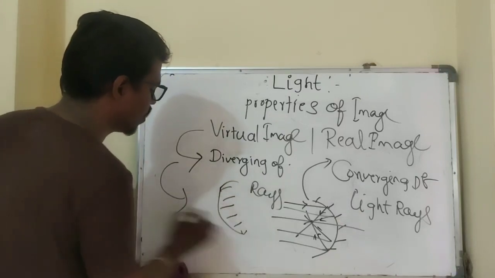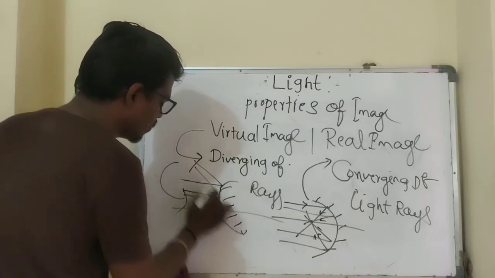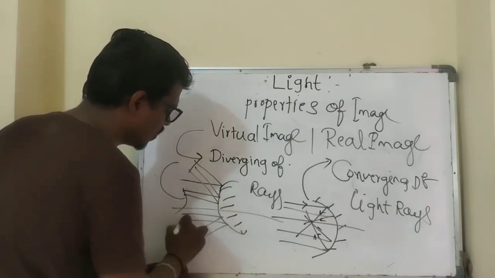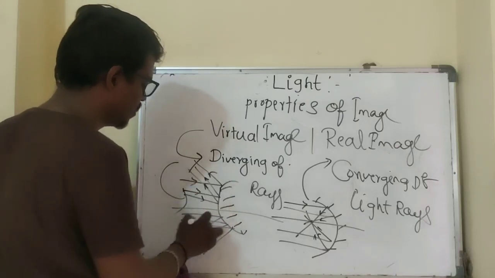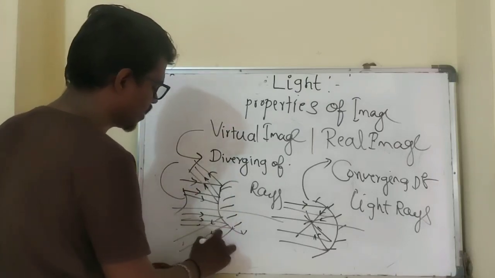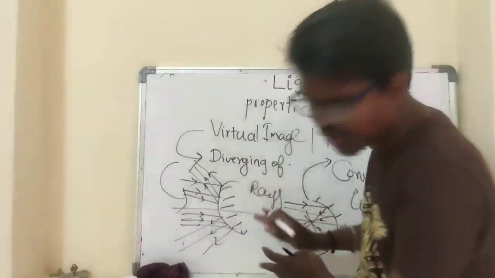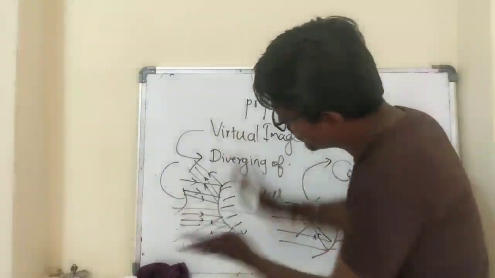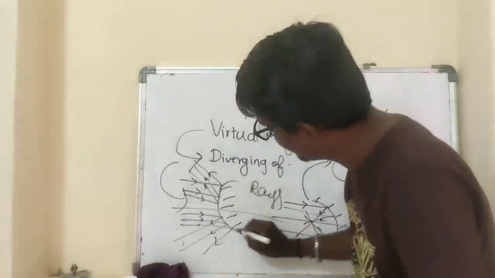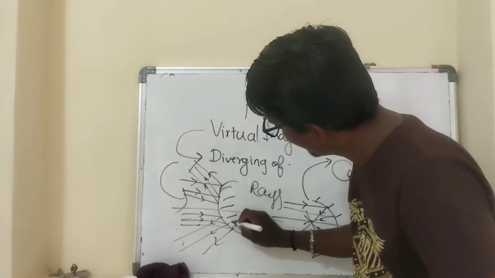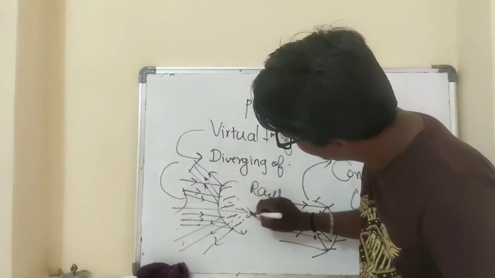But in a convex mirror, this is the incident ray, and these are the reflected rays. If I look at them, these rays are diverging from some point. I will draw that point here, where they appear to meet at a single point.